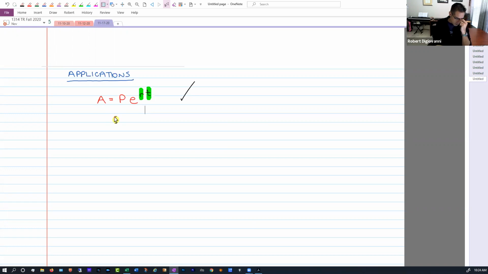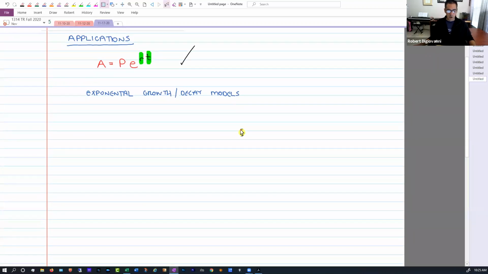This has to do with what we call exponential growth or decay models. So let me just write it down first. I'm going to write a formula down here, and when I write it, just write it down, and then we will talk about what it all means after I do it.